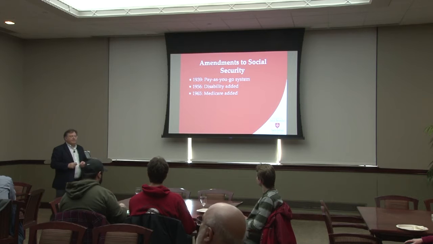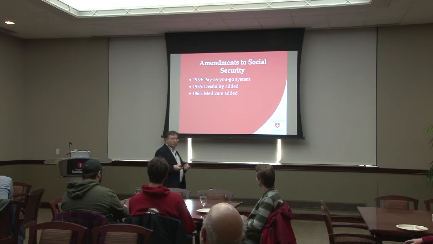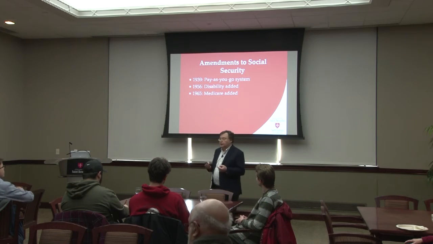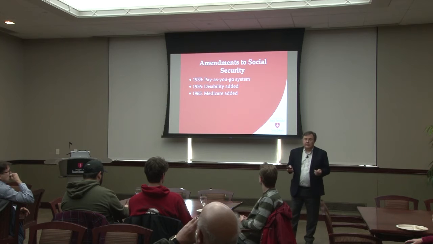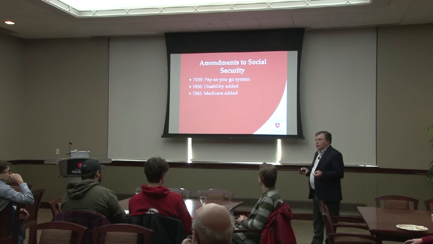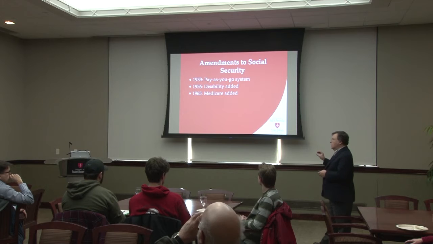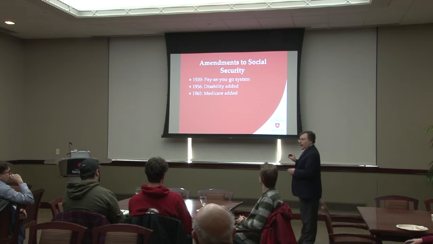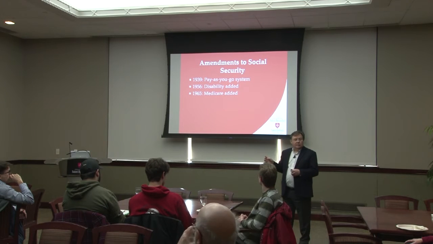In 1965, we added a program to pay for hospital insurance and for doctor's visits for people 65 and over. It's come to be called Medicare. And that actually is also a pay-as-you-go system. If you look on your paycheck, you'll see either the OASDI and something else called HI, hospital insurance.